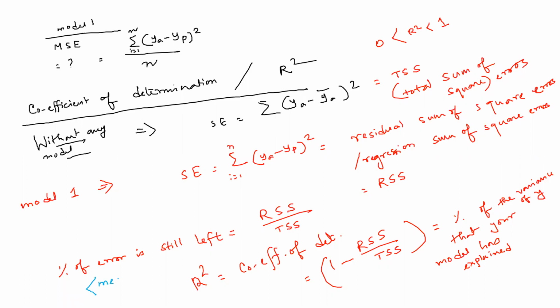Measure means some metric that measures goodness of fit. That's R square, and that's how it's calculated. And this is the background of that calculation. Up to this point, if you have any question, please let me know.